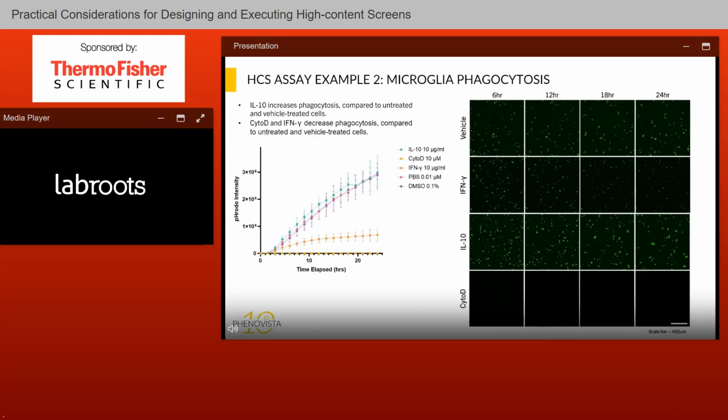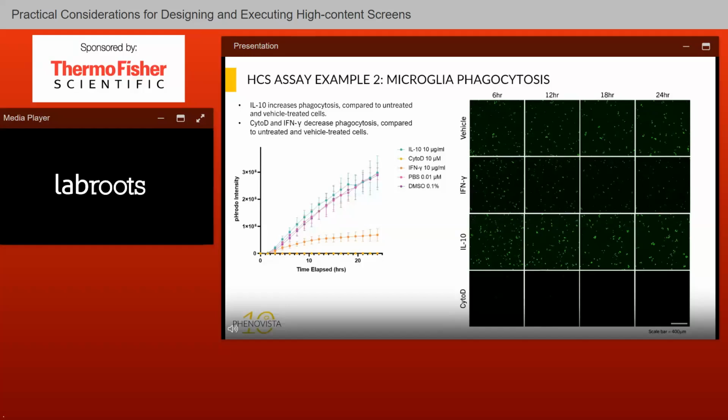You can see on the left plot there that you've got multiple measurements made over a 24-hour period, and you can compare the rates of the increase in those lines with the different treatments, stimulating with IL-10 or suppressing with cytochalasin D, which blocks actin polymerization, and then you've got the controls on there too.